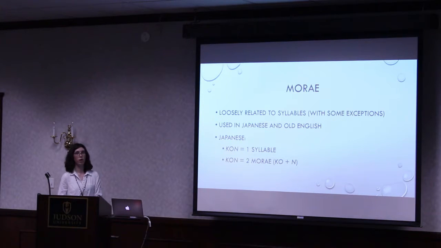The next element in the structural elements in language is morae. Morae is loosely related to syllables and used in both Old English as well as Japanese. The example you'll see below, the syllable kon, is one syllable. However, it is made up of two morae, ko and n. This is specific to the Japanese language.